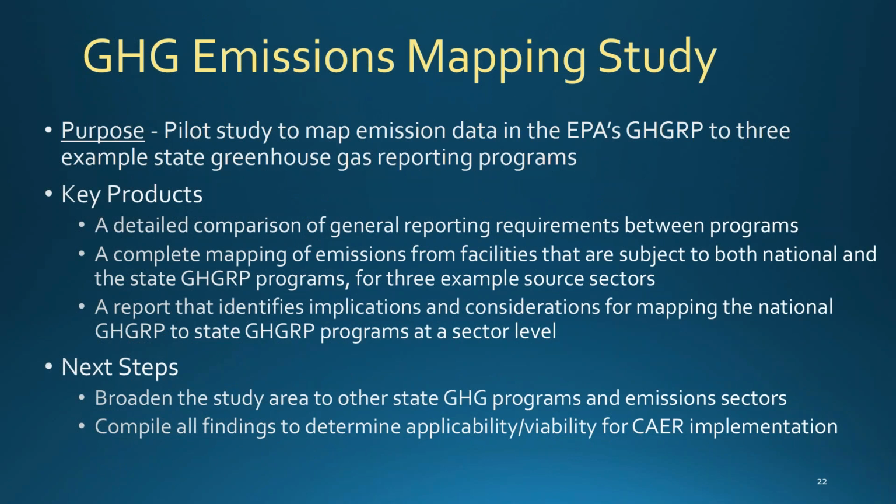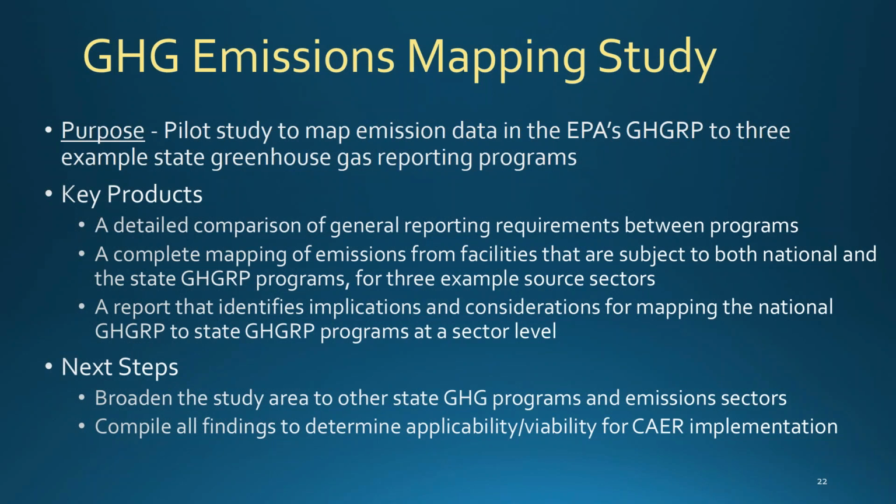So the last of the 5 phase 1 R&D projects is the greenhouse gas emissions mapping study. And so, like the TRI program, greenhouse gases is a separate federal program that collects air emissions data. In this case, greenhouse gas data.